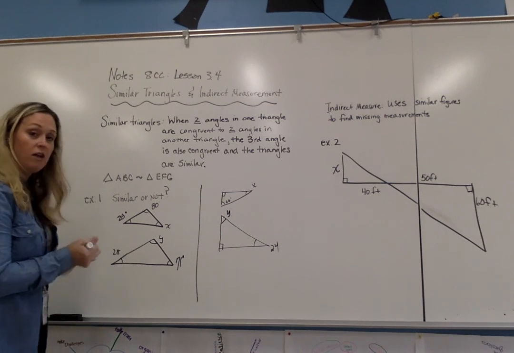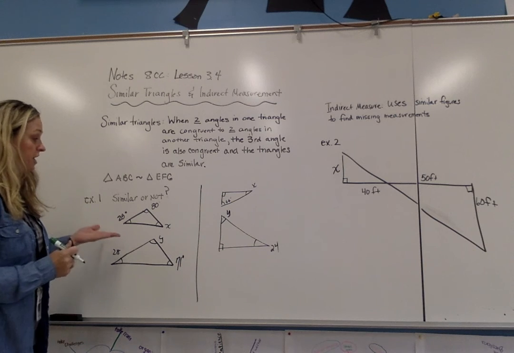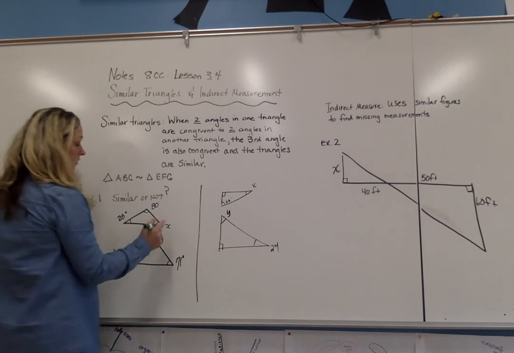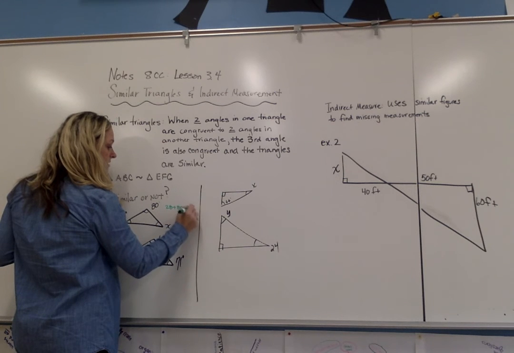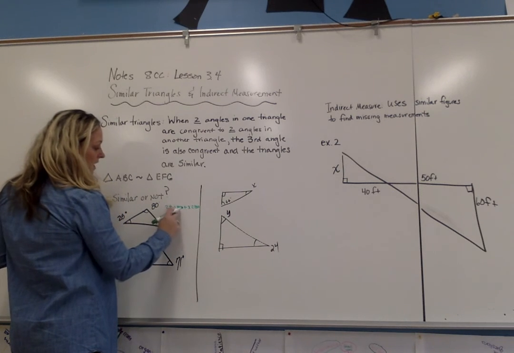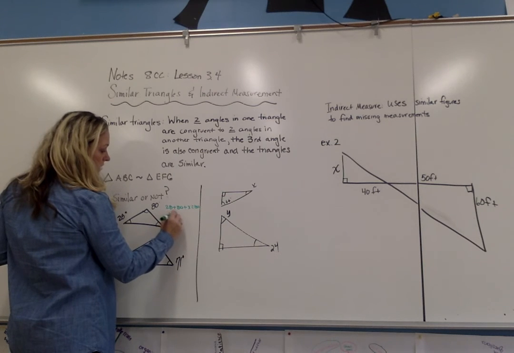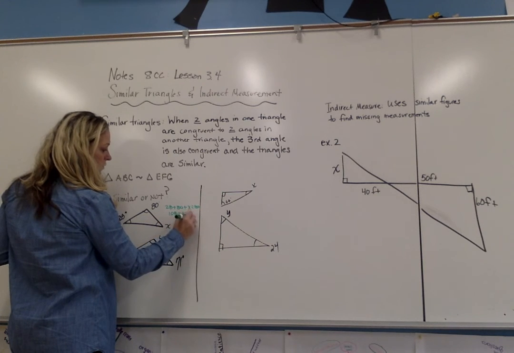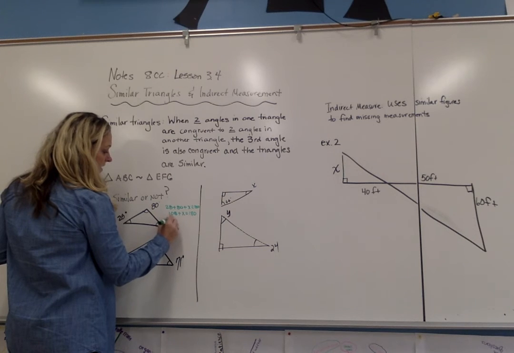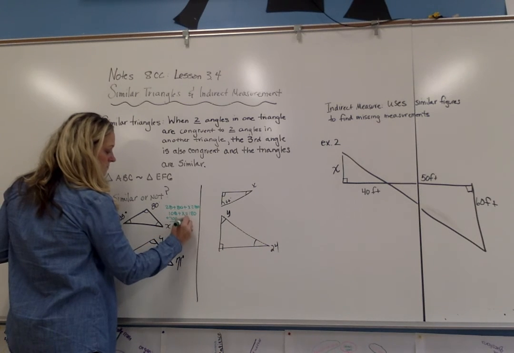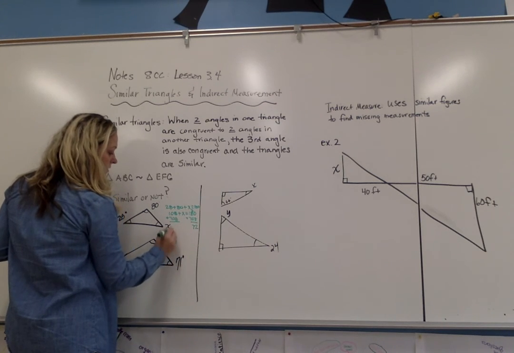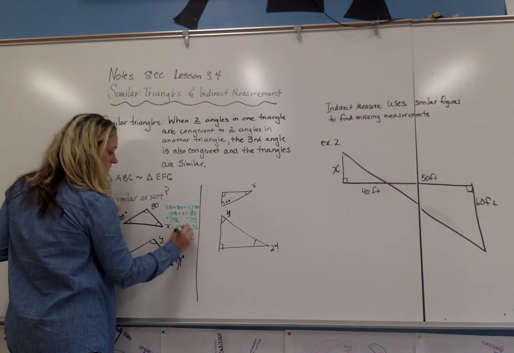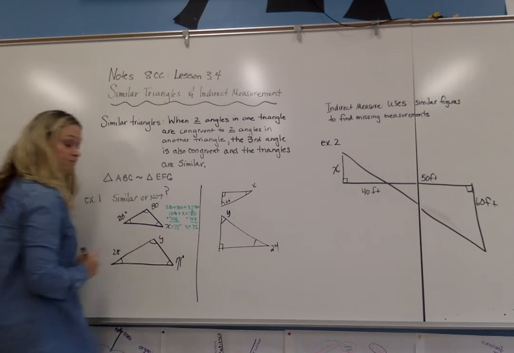The interior angle sum of a triangle is 180, so I set up an equation to solve for x. 28 plus 80 plus x equals 180. 28 and 80 is 108. 108 plus x is 180. I then subtract 108. I end up with 72. So this x is representative of 72 degrees.